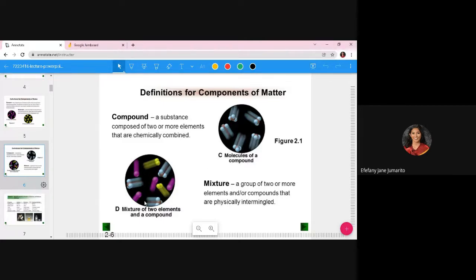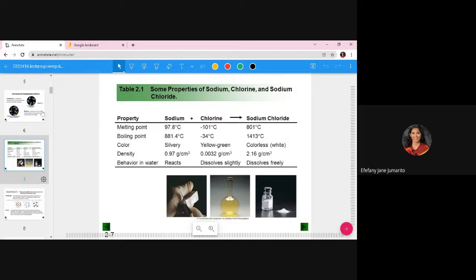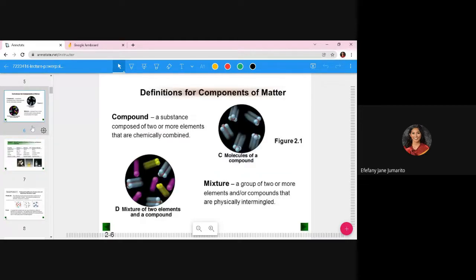They are different, so it's a mixture. What are the examples of mixture?